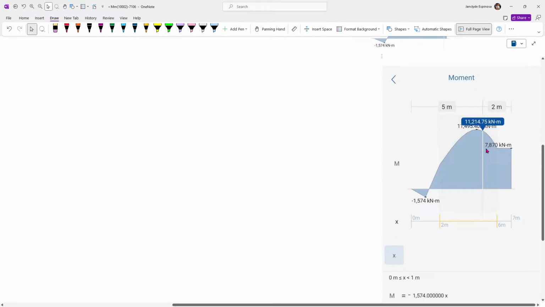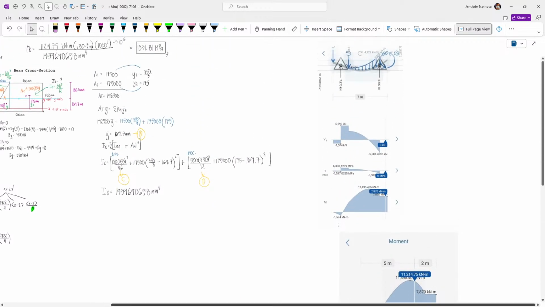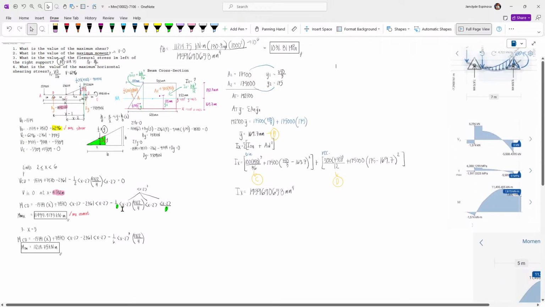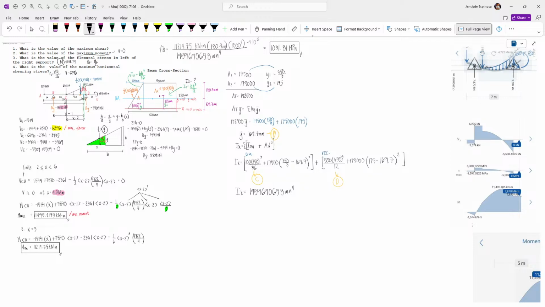If positive ang bending, top side is compression, bottom side is tension.